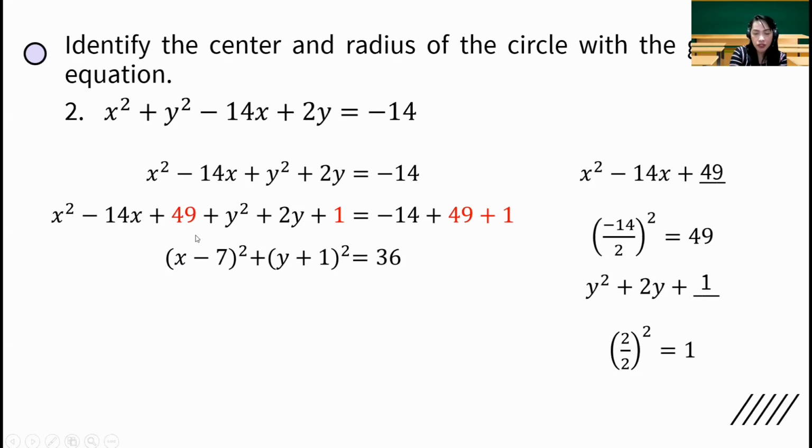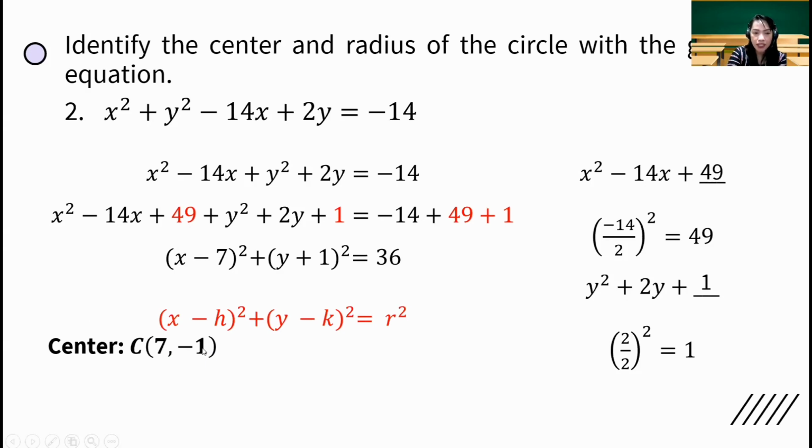Now, yung given equation natin ay nasa standard form na, so pwede na nating makuha yung center and radius. The standard form of the equation of a circle is given, and the center, just get the opposite, negative 7 dito, paglagay mo as the coordinate of x or h in the center, we have positive 7.